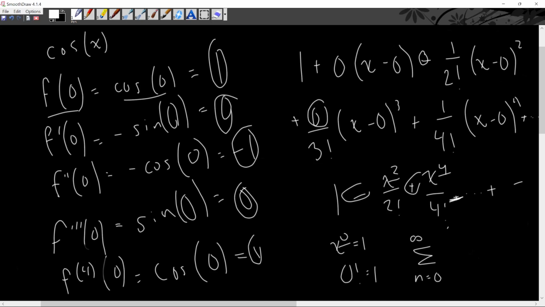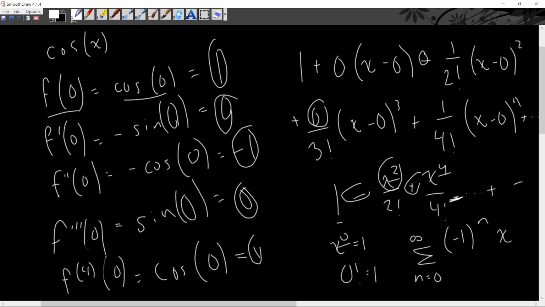So we're going to have a negative 1 to what power? Is it n, or is it n plus 1 or n minus 1? I'm going to say n because negative 1 to the 0 power is still positive 1, which is why this first one is positive. So we have negative 1 to the n times x to the what? We still have these powers of x, right?